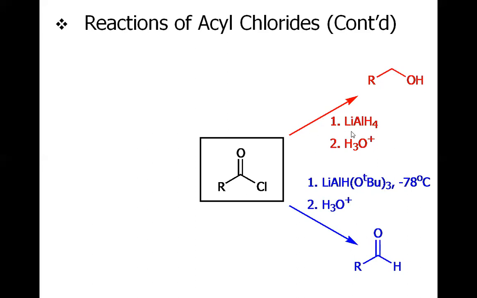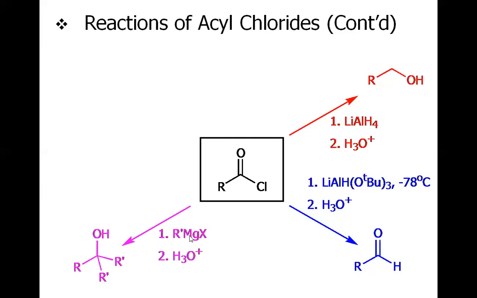Because even in the reaction with the lithium aluminum hydride, first of all this acid chloride will convert into the aldehyde, and then this aldehyde will convert into the alcohol. However, with the milder version, the reaction may stop at the intermediate level to have the aldehyde formed.